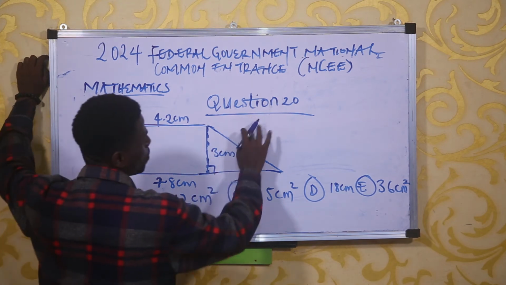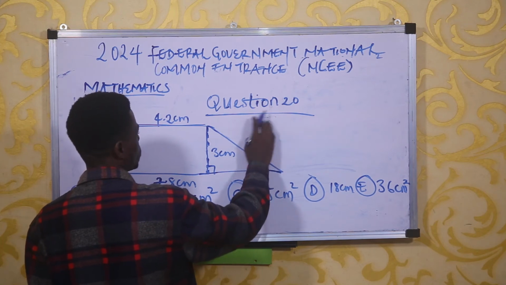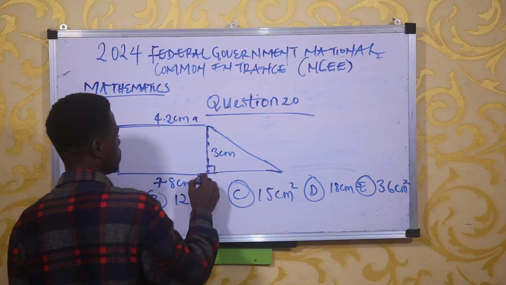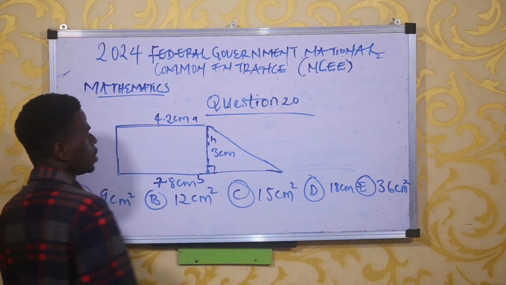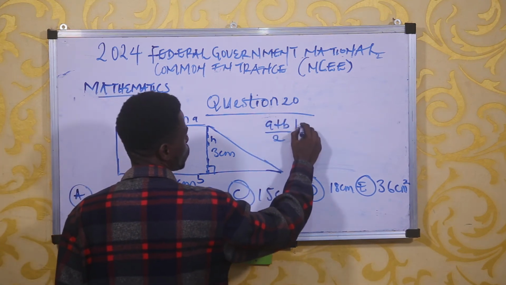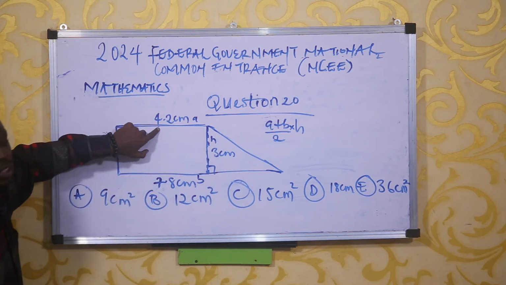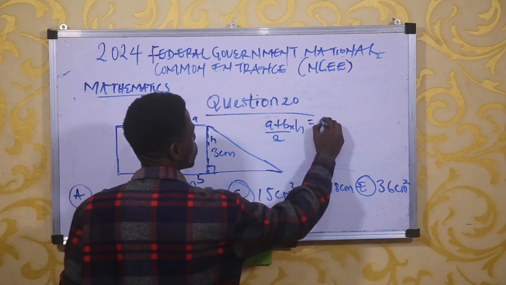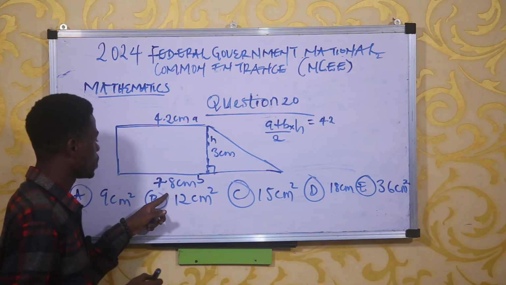The formula for our trapezium is, let me represent this as A, this as B, and the height as H. So we say A plus B divided by 2 times height. Our A is 4.2, then our B is 7.8.